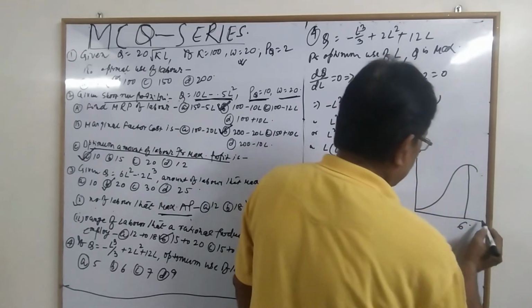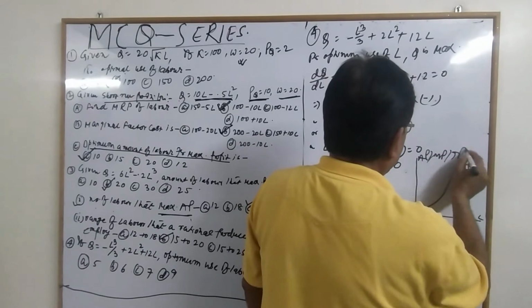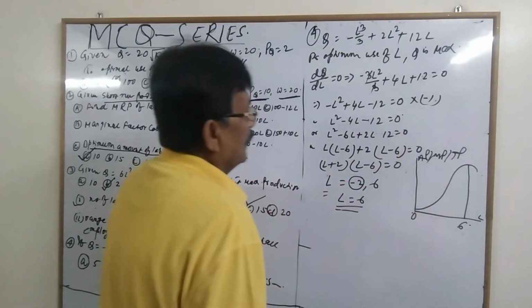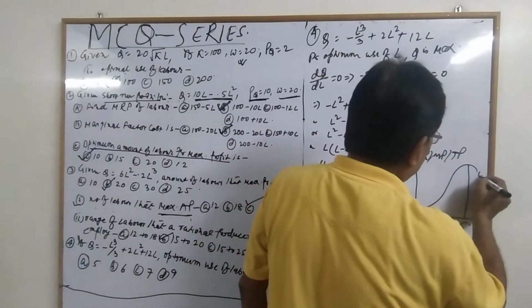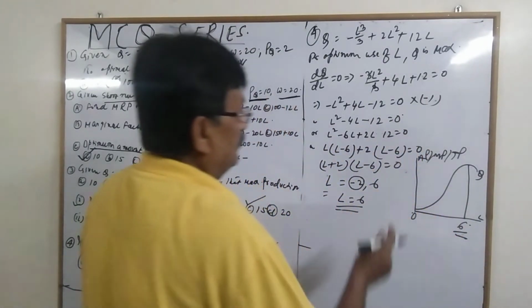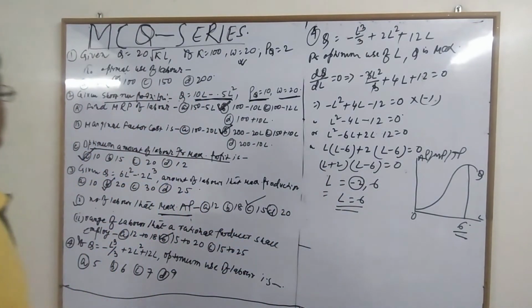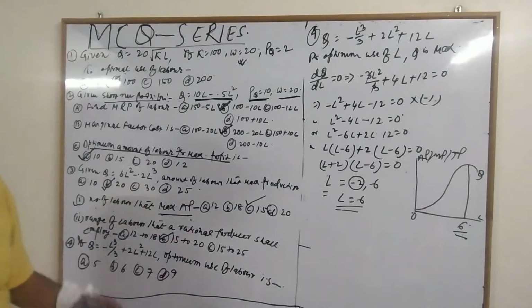So this is how the total product is being maximized, and just to maximize this total product Q, 6 units of labor would be required. So these are all the 4 sums I have solved. Now I am going to solve 2 few more sums.